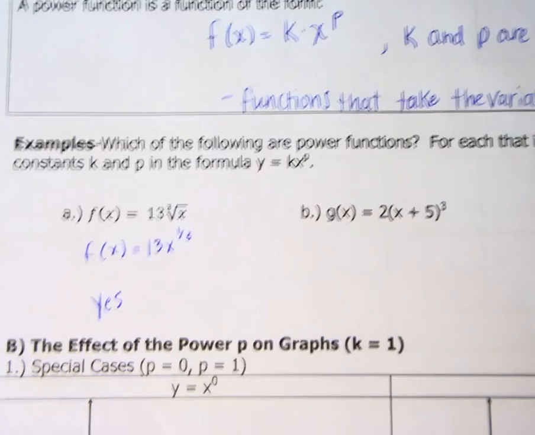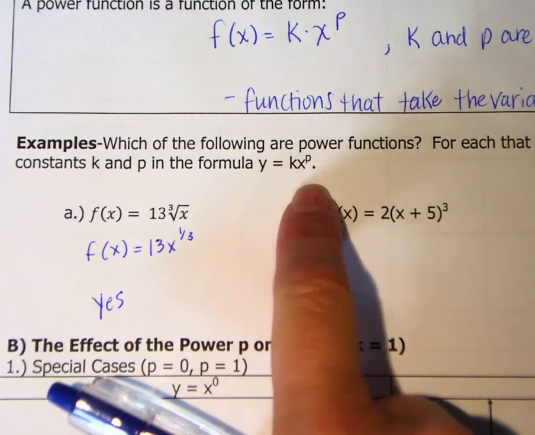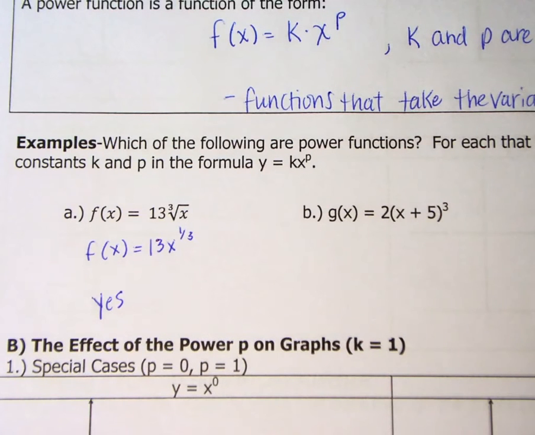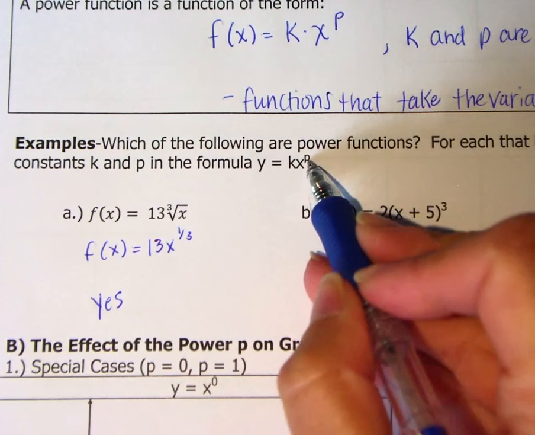What about the second one? What do you guys think? Can I rewrite that somehow so that it's in this form? Not really, because we just want the variable to the power.